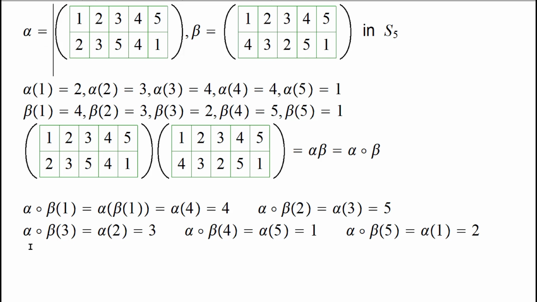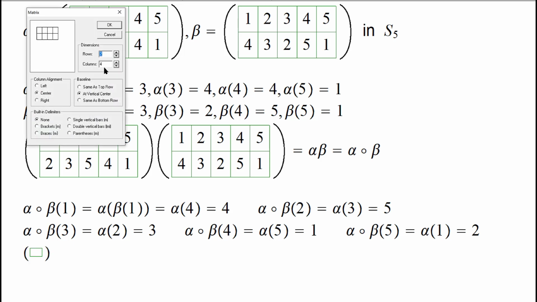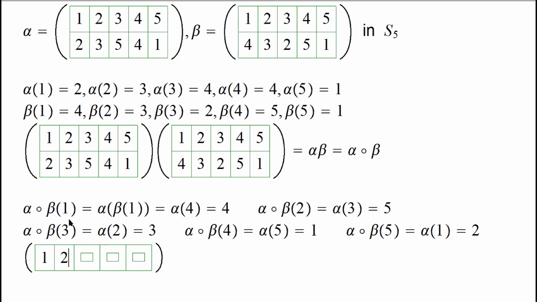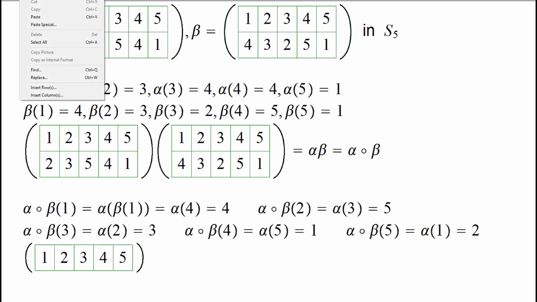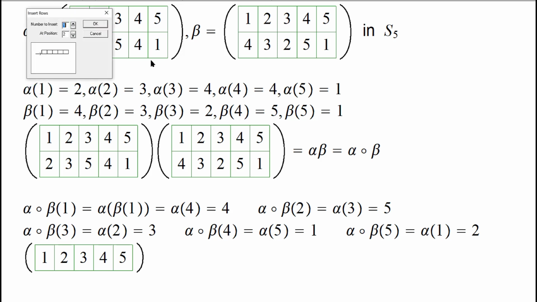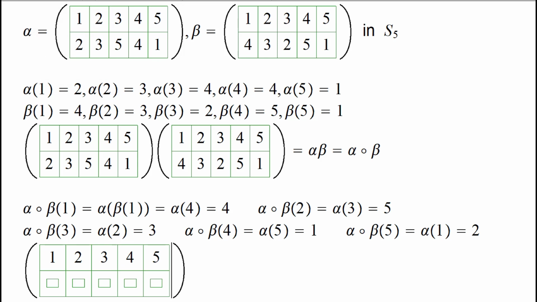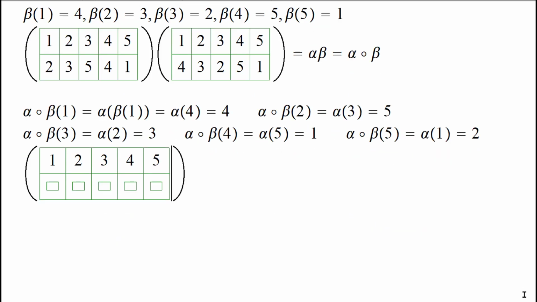Then what we have is, let me just write a new one. I will not copy paste this time. Here in the first row we have 1, 2, 3, 4, 5, and in the second row we are going to write the images of these under beta composed with alpha.